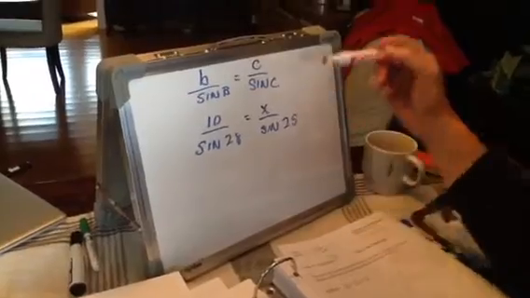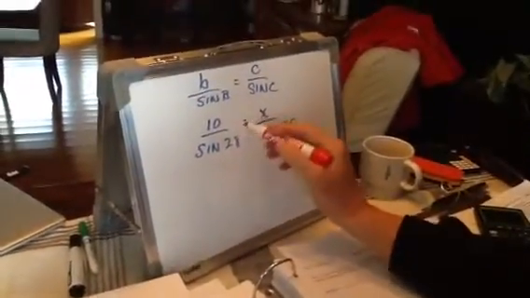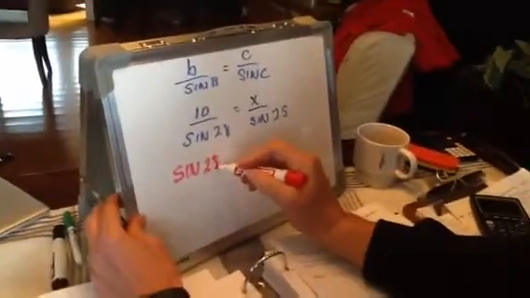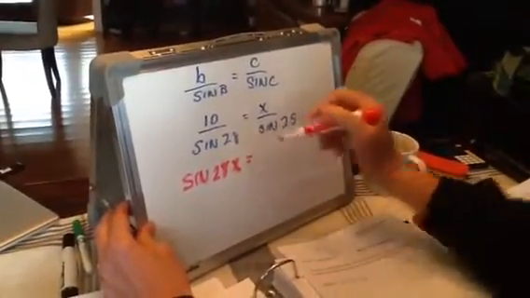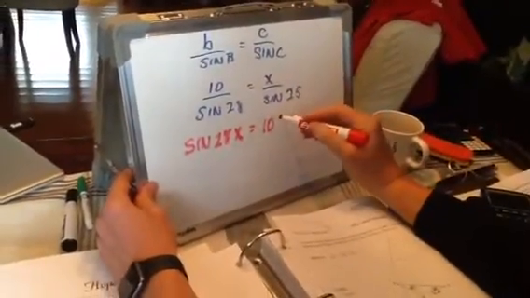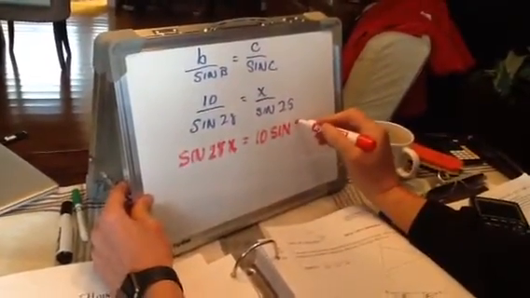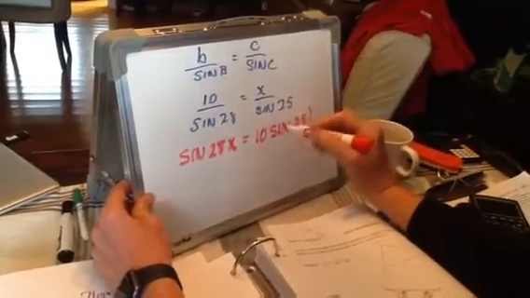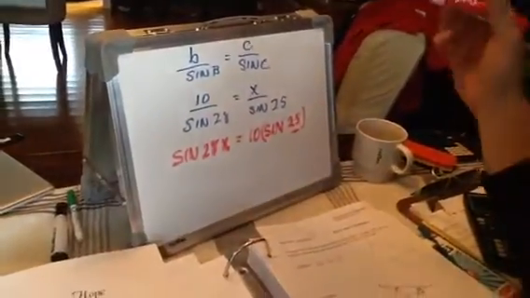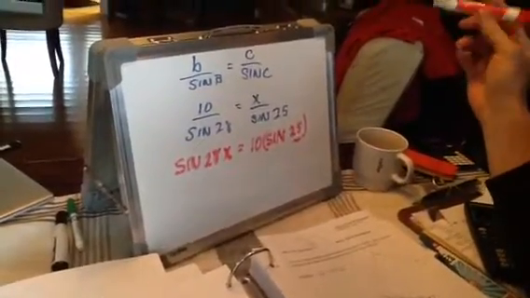Now, this is where you need your calculators. Cross multiplying, sine 28 x. How we doing, Sam? Is the glare okay on that? Yeah, it's good. Now a little secret with our calculators. If you put the 10 in first, you will not have to close that parenthesis. Because if you do sine 25 first, don't close it, you're going to get the wrong answer. We went over that in class.